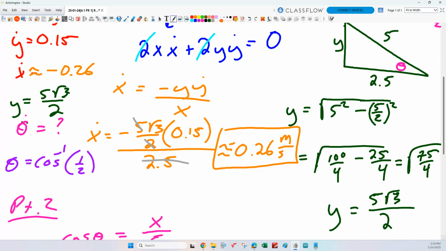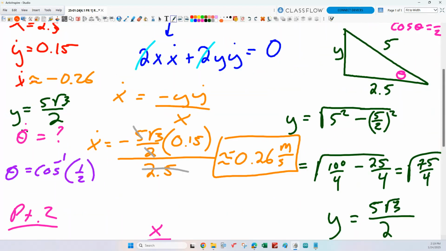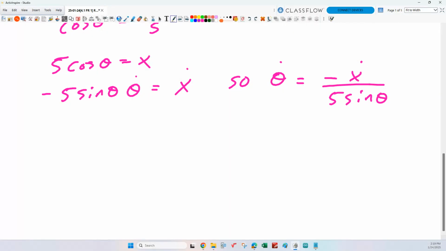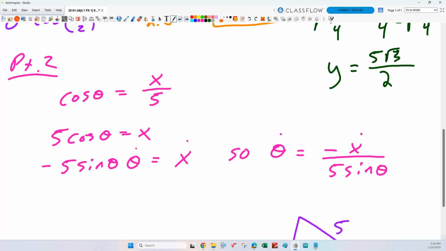There is something else we could do too. We solved this whole triangle, didn't we? We had the triangle 2.5, 5, and then y was a little complicated: 5 radical 3 over 2.